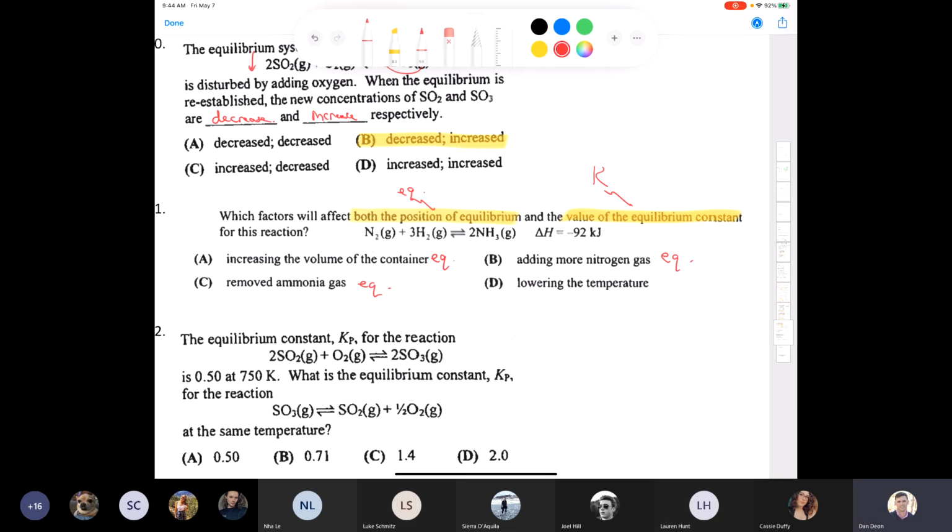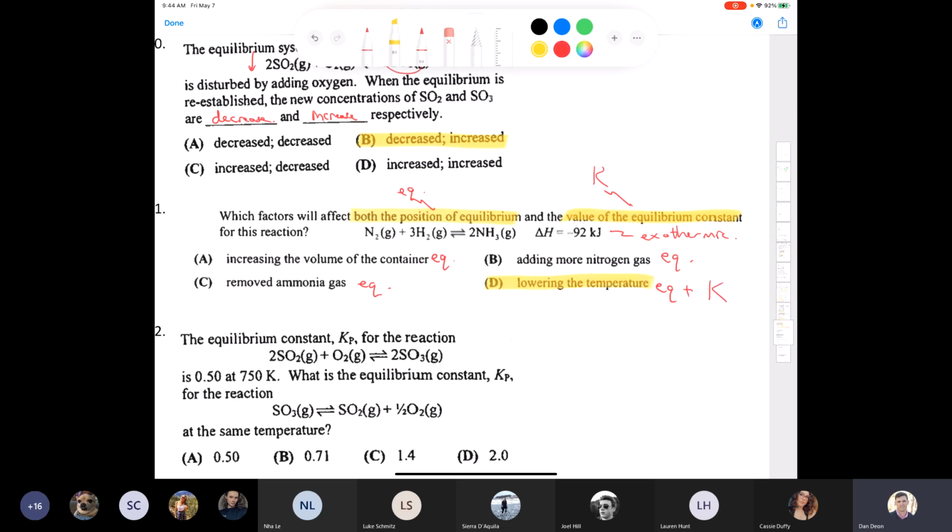But if I lower the temperature, since this reaction is exothermic, that's going to push the reaction to the right-hand side, because heat is a product. So if I'm removing heat, it's going to push the reaction to the right. So it will affect the equilibrium, but we know that a change in temperature is the only thing that's going to affect K. That's going to affect our equilibrium constant.